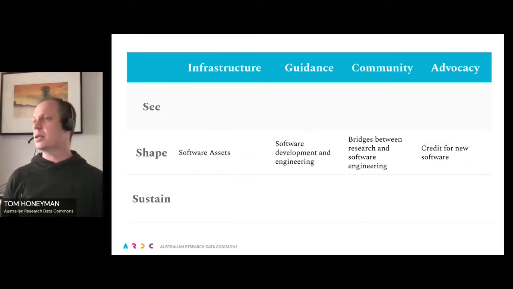So this conference is a form of national community where I think we can have a good discussion about bridging the space between research and software engineering. And the relevant area of advocacy, this is the big one, is credit for new software. That includes both the recognition for software as a scholarly output and also the kinds of funding that we might need to properly develop the space.